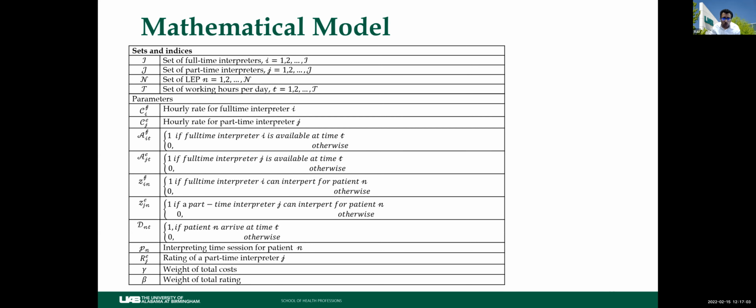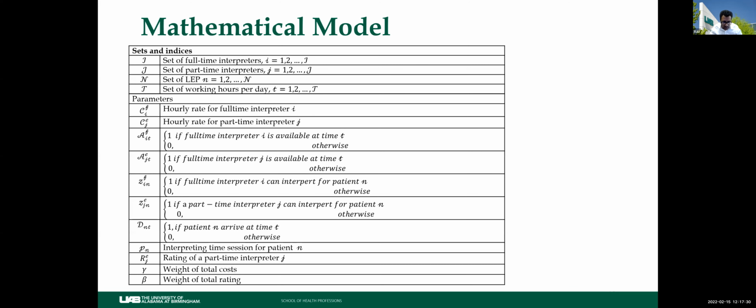And then to evaluate the quality of interpreters, as I mentioned, the part-time interpreters come from a very large pool from many agencies. So we need to select the best interpreter, but at the same time consider the cost. So it's multi-objective. To model the quality, every company has a rating, like any store has a Google rating.